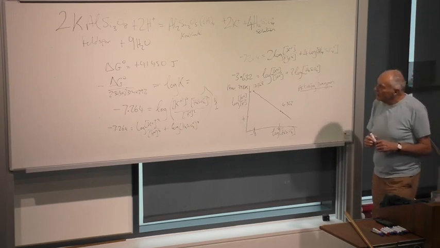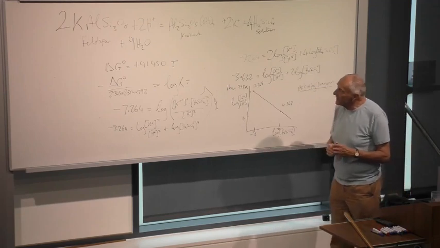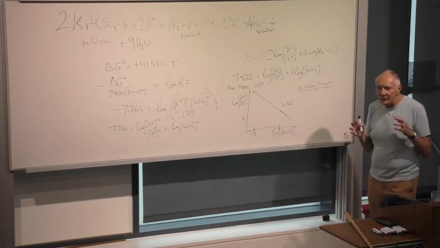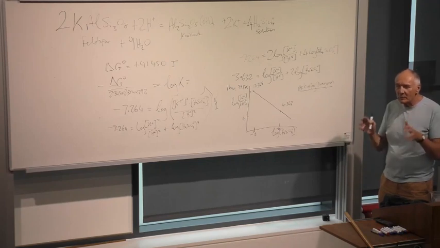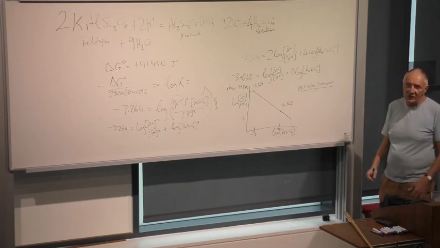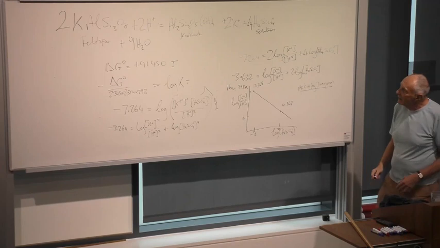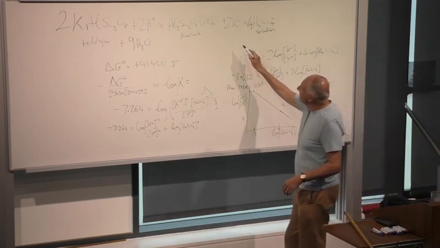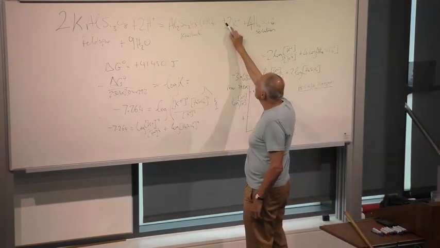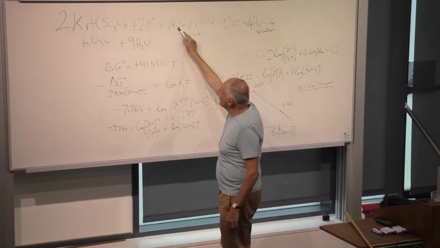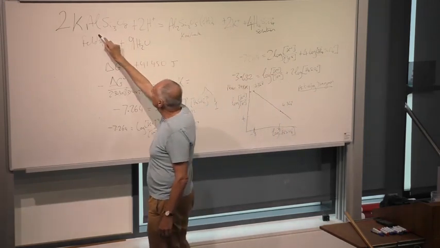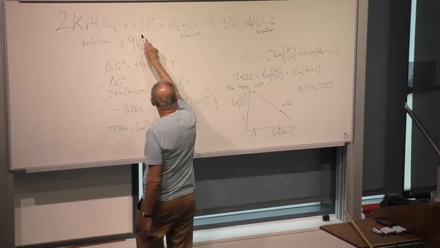Le Chatelier's principle says that at equilibrium, if you apply a constraint to a system, the system will respond by trying to remove that constraint. So if we increase the potassium ion concentration, the system will respond by reacting that with kaolinite and making feldspar and releasing hydrogen.